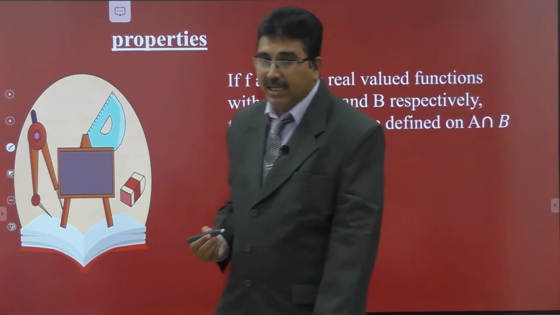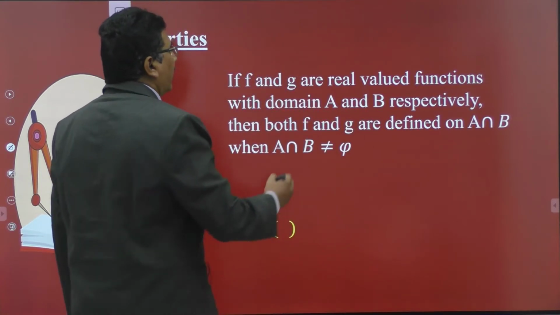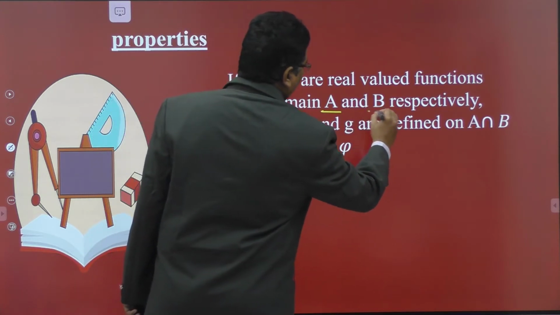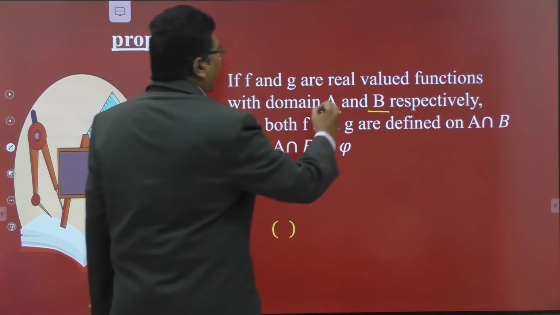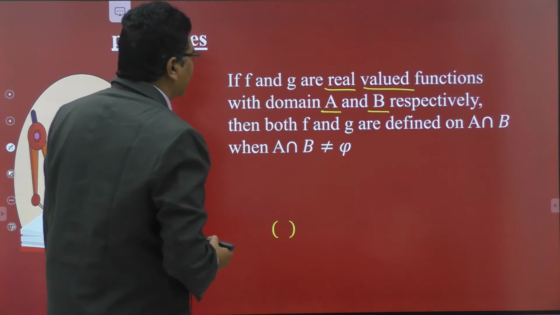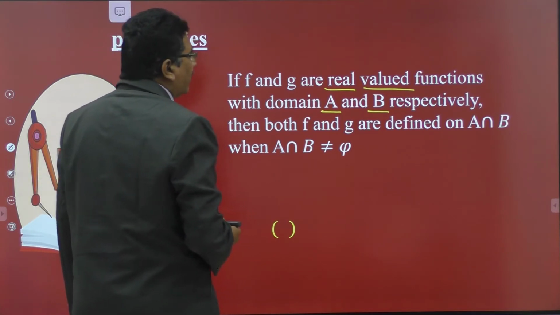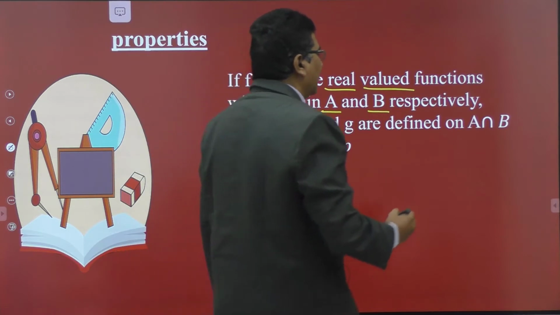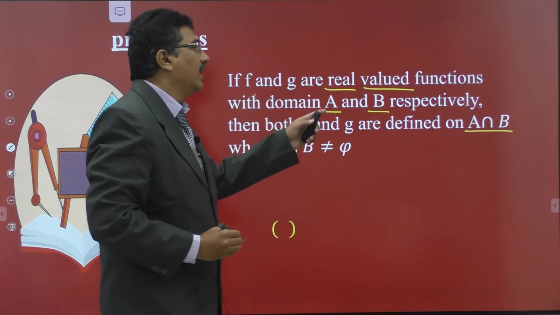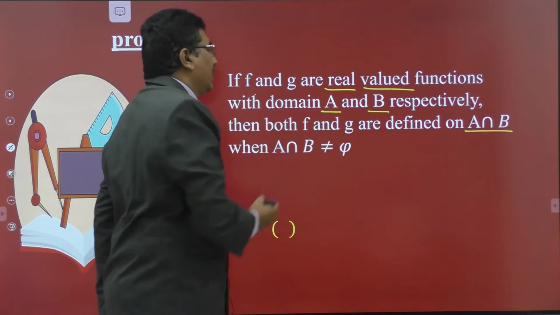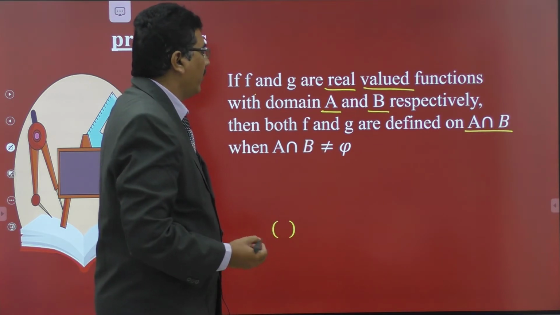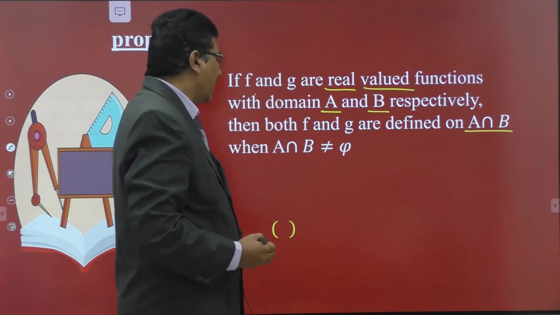If the function f is defined on domain A and the function g is defined on domain B, both real valued functions, then both f and g are defined on A intersection B, when A intersection B is non-empty.